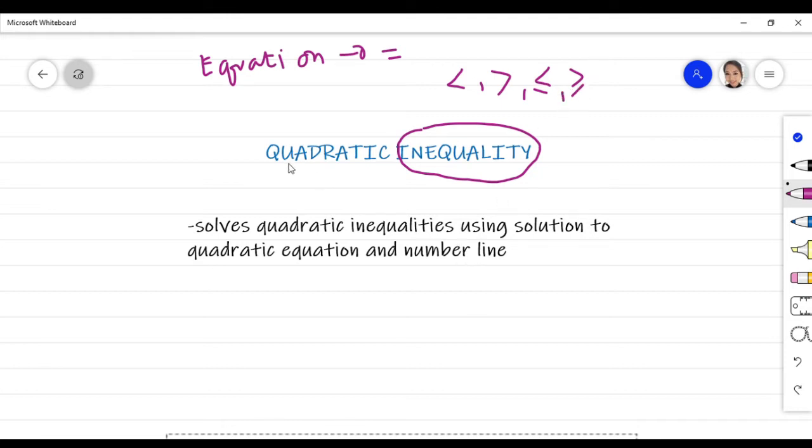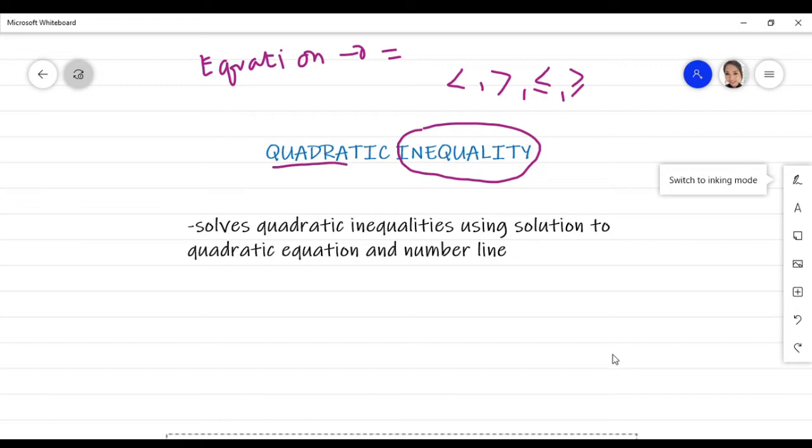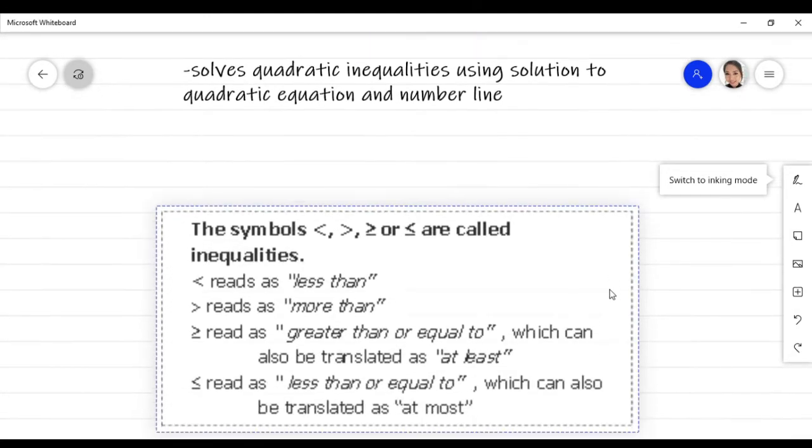And if the left side of these symbols are quadratic, we call these inequalities quadratic inequalities. Now, let's study more on the symbols of quadratic inequalities.